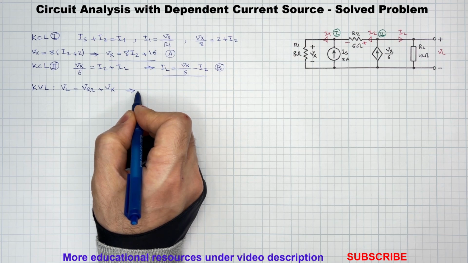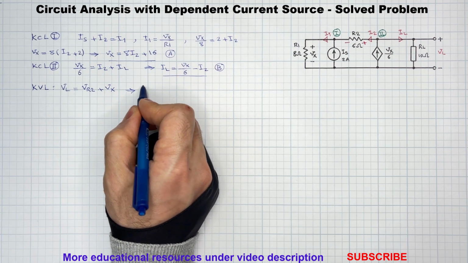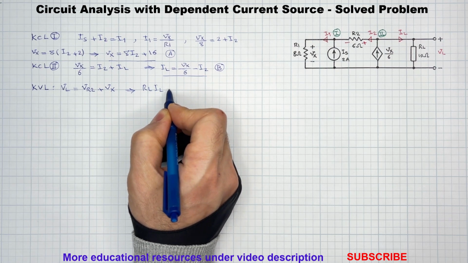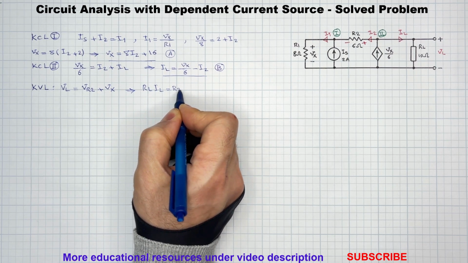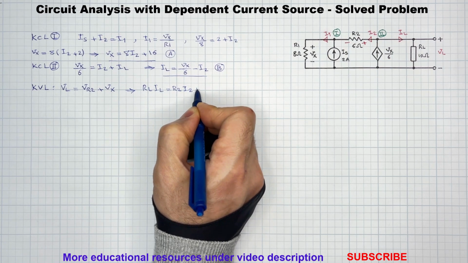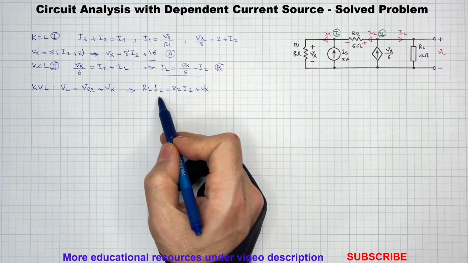And we can rewrite this as, now we replace IL with the equation B and substitute this expression with the known values.